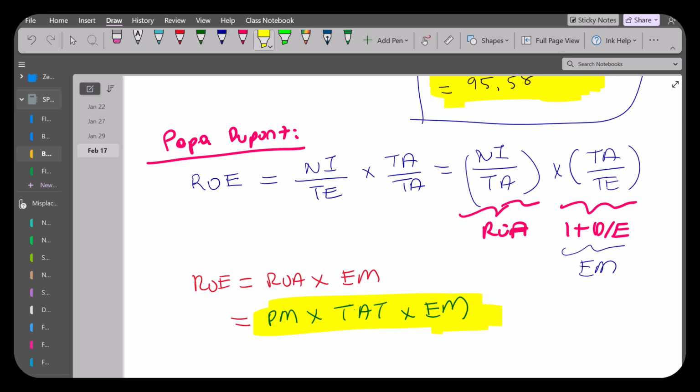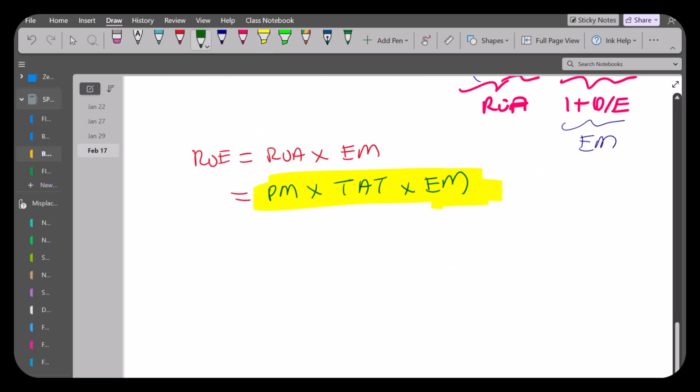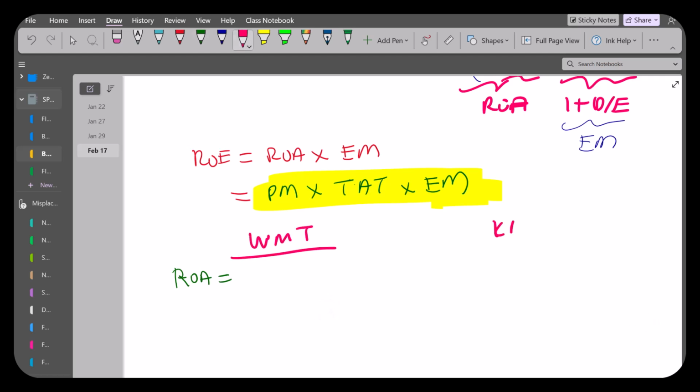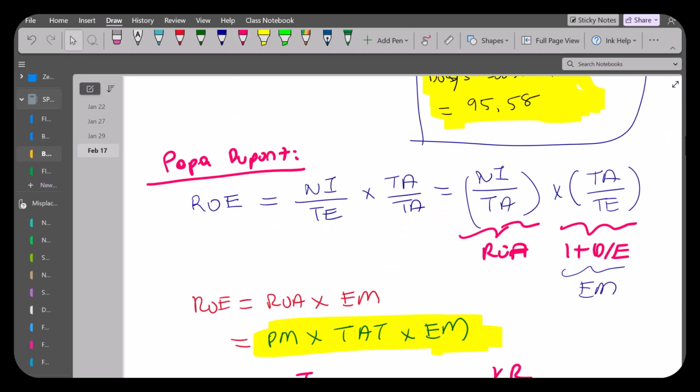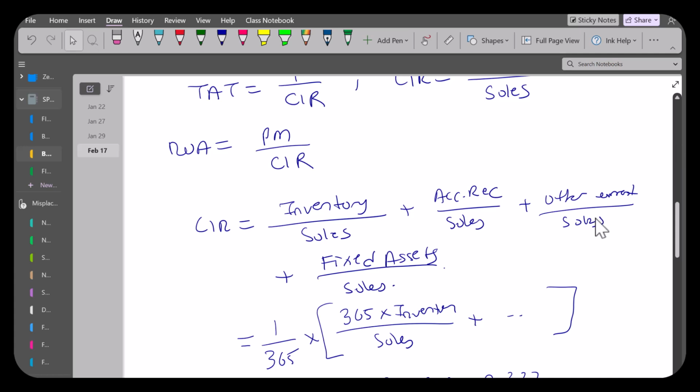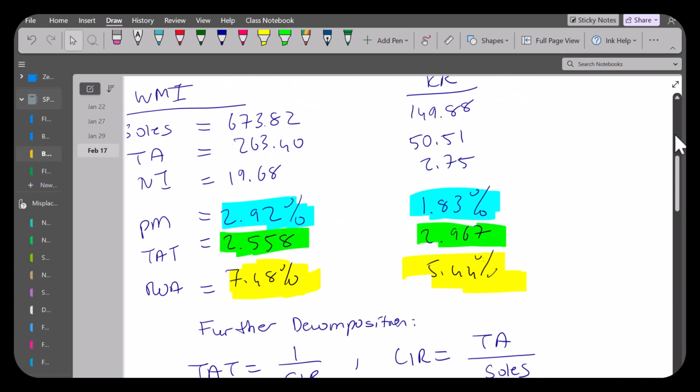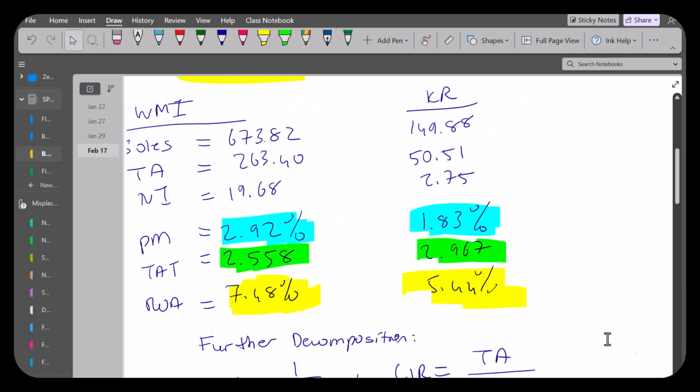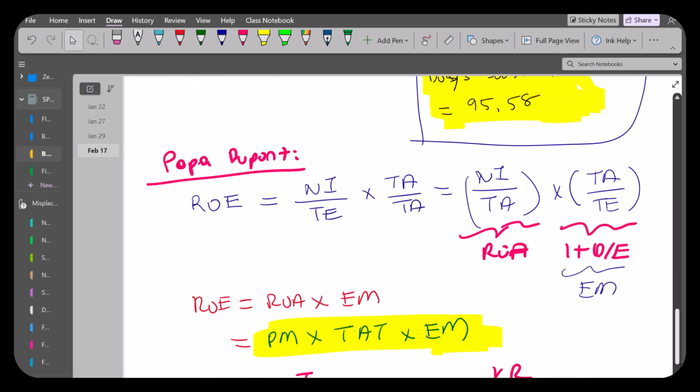So let's find out the EM numbers for Walmart and Kroger. Let's remind ourselves, because we just found them upstairs. So where are they? 748, 544.